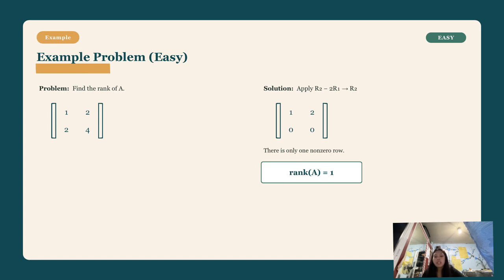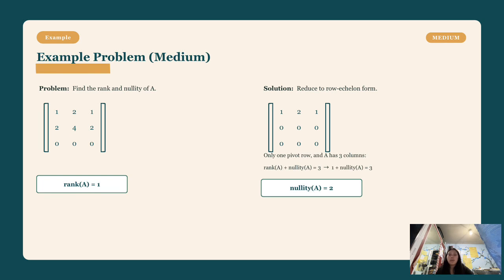The resulting matrix becomes [1, 2; 0, 0]. Now we count the number of non-zero rows. There is only one non-zero row. Therefore, the rank of the matrix is 1. This tells us that although there are 2 rows, only one contains independent information.